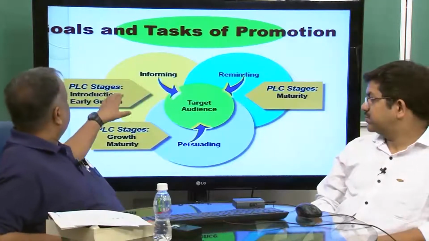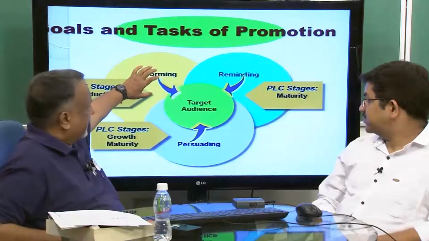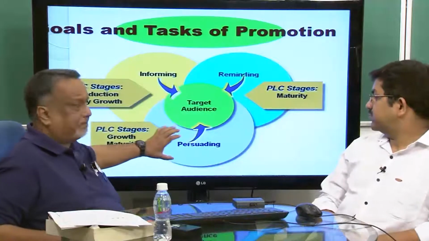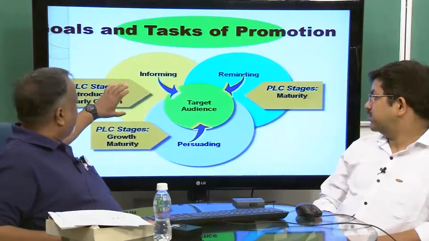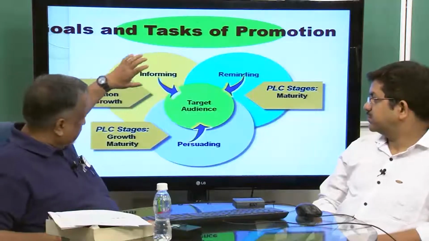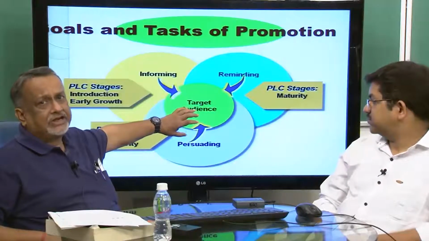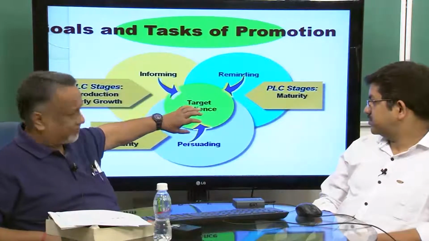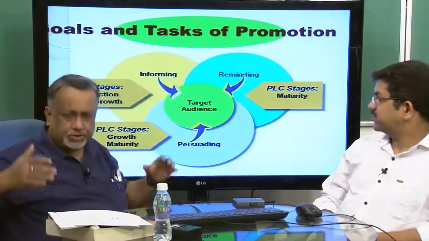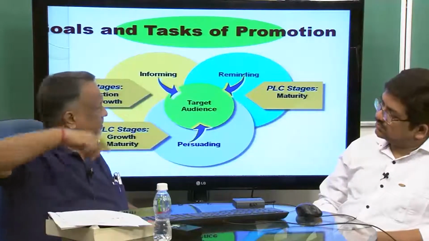So, at the early stage our focus is on informing, and at the growth stage our role is on persuading, because here we are getting the first customers, the first 100 customers. This is where we want to get the next 10,000 or next 1,000,000 customers. So, here the role is persuading larger and larger circles of people.